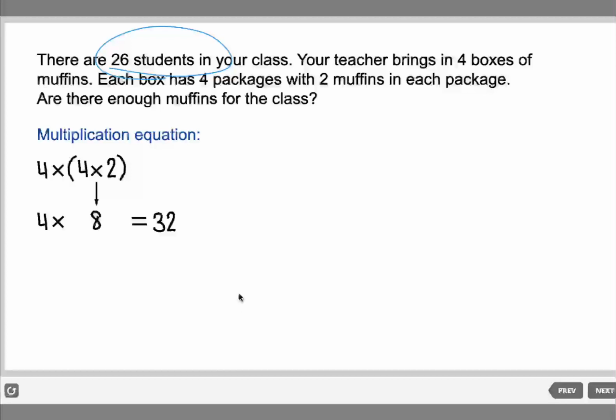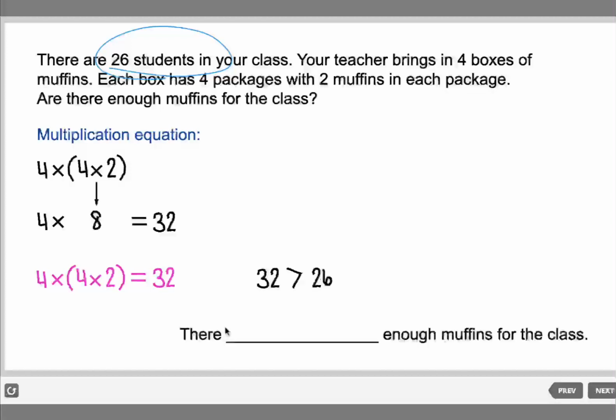We should compare, right? Yes, because 32 is greater than 26, so there are enough muffins for the class.